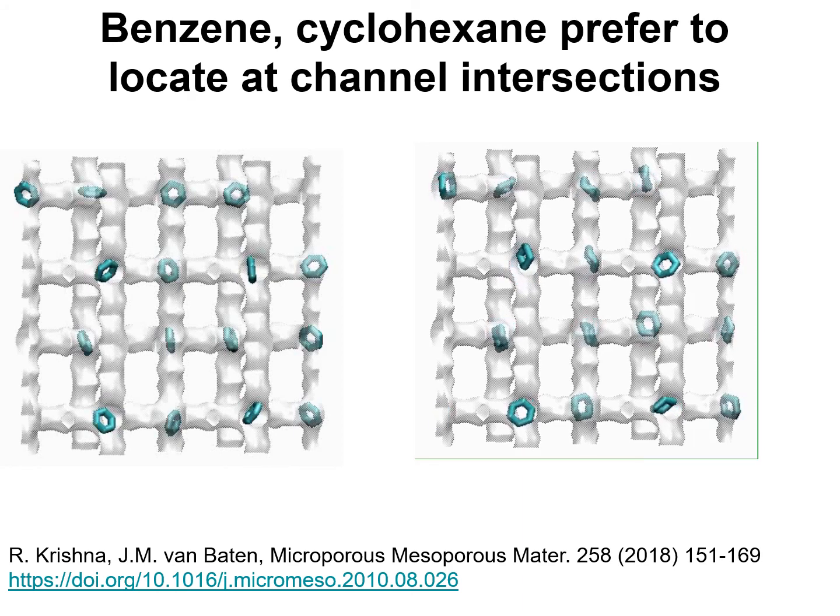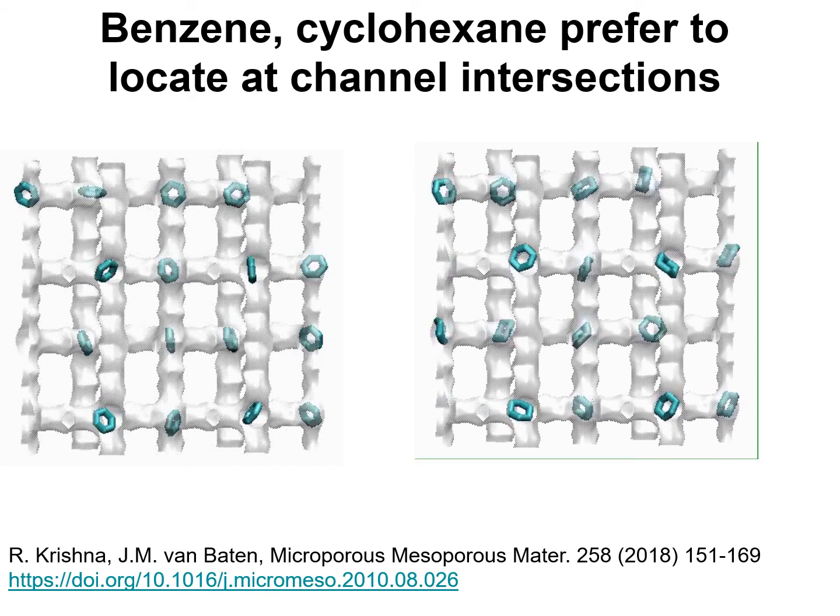The same is true for cyclohexane, shown on the right. It also prefers to locate at the channel intersections, and its motion along the channels is rather restricted.